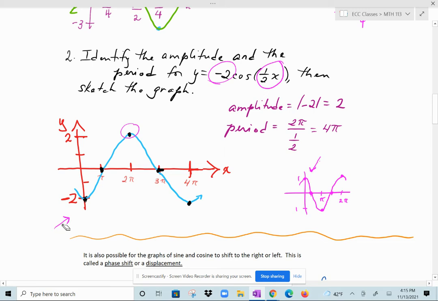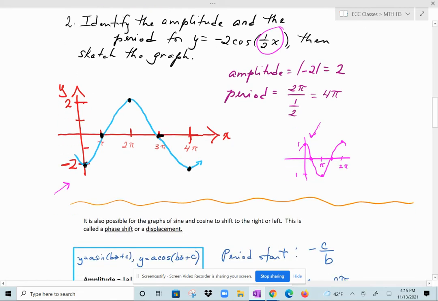Okay. So it is possible for these functions to also be impacted by something called a phase shift or a displacement. A phase shift is going to refer to a horizontal shift in the graph. So instead of starting at an angle of 0, it could start either to the left of 0 or to the right.